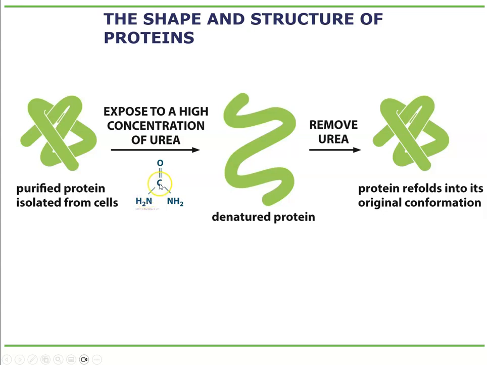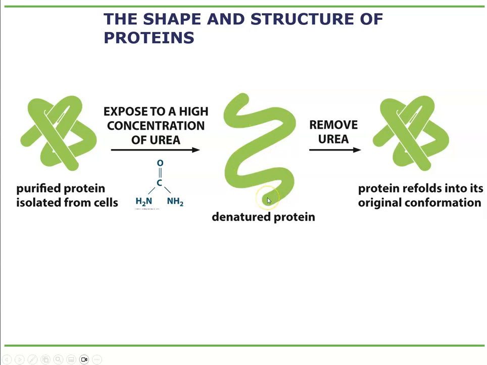Because urea has a similar structure to the backbone of a protein, you can see that the amide functional group is like a peptide-like bond, but a lot shorter. So it can intercalate and get into all these little cracks and crevices. It's very soluble within the folded protein structure, and it can break it apart.